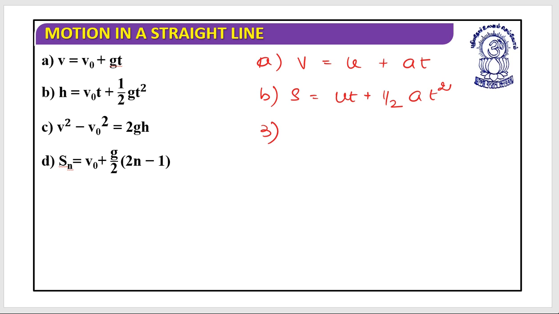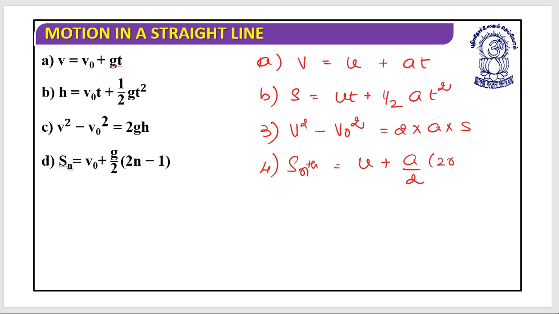The third relation was v square minus u square is equal to 2 into a into s. And the fourth relation was distance traveled in the nth second is equal to u plus a by 2 into bracket 2n minus 1. These were the relations that I have been using in previous classes.